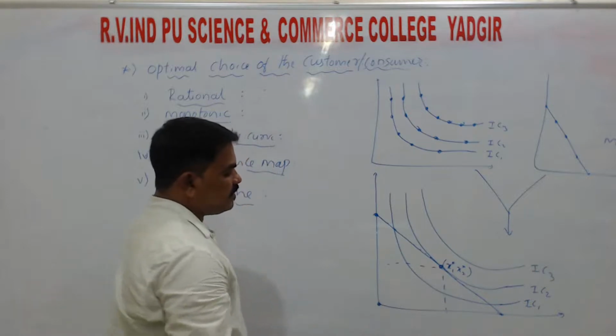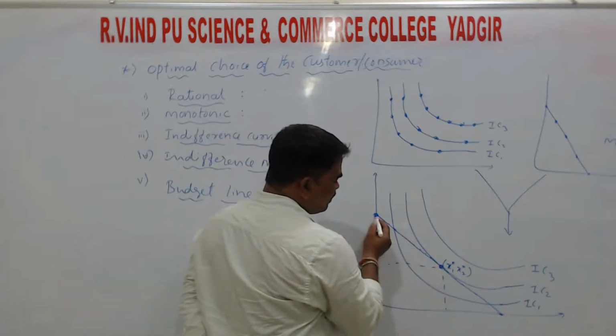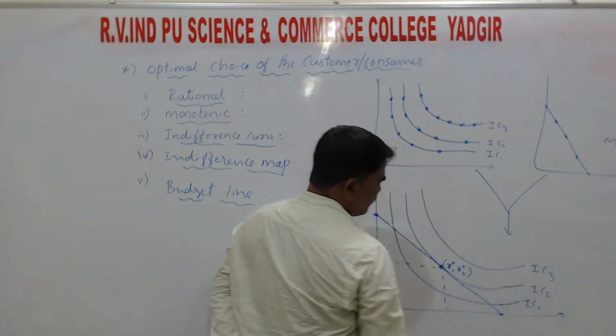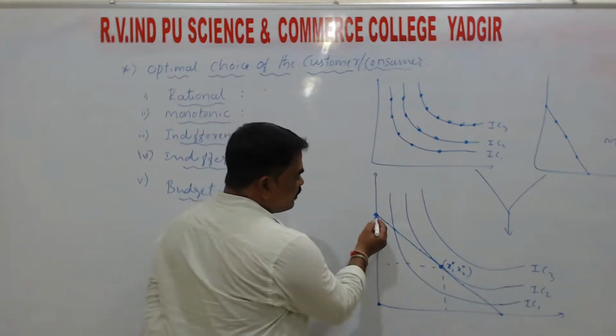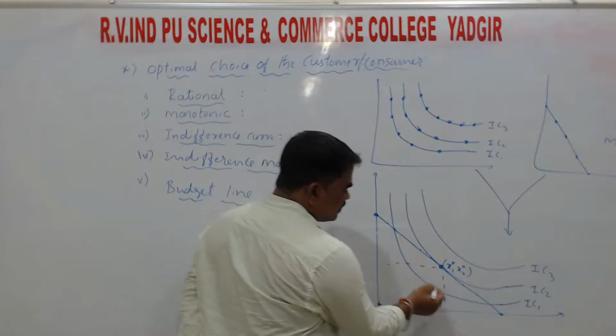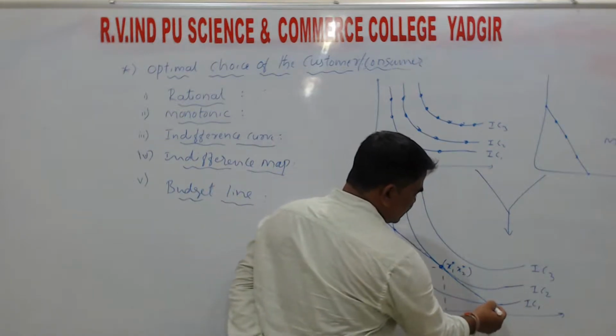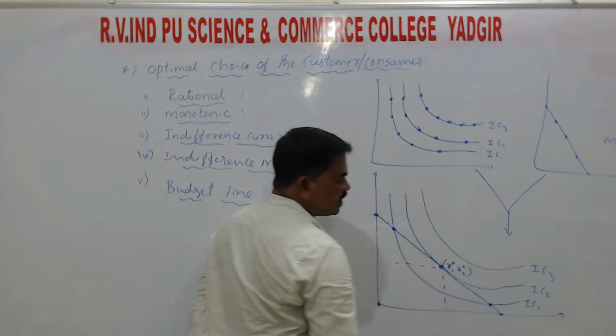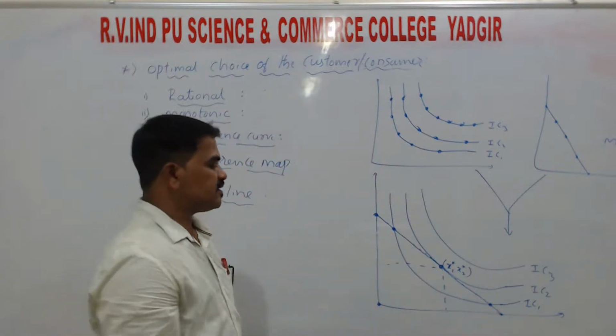The optimal bundle is the point where the budget line is tangent to the indifference curve. Here the budget line is cutting this indifference curve at these 2 points, but these 2 bundles will not give him maximum satisfaction.